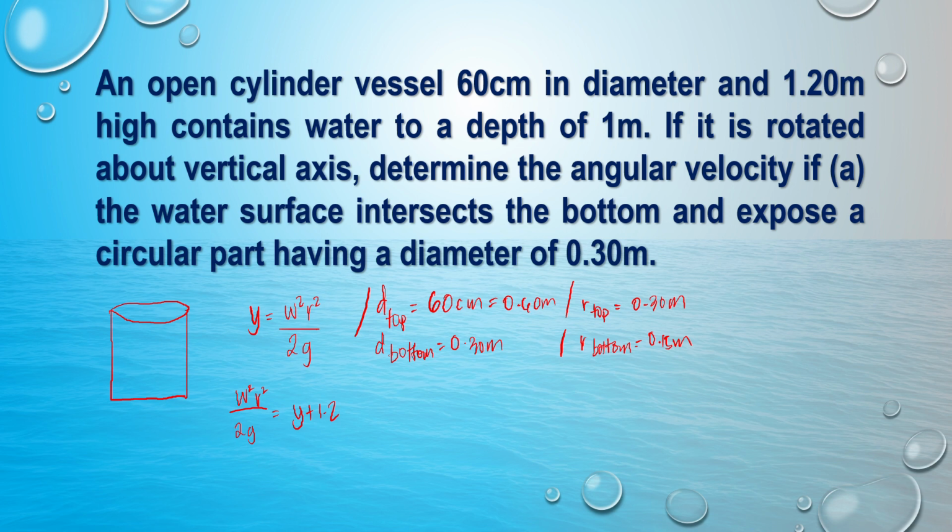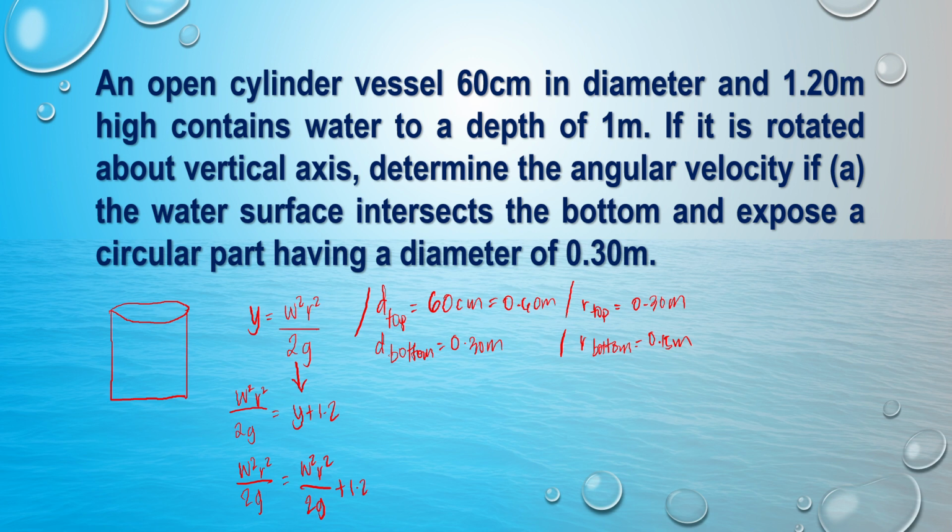Okay? Then, since your Y is equal to W squared times R squared over 2G, we can substitute here your Y. W squared R squared over 2G equals W squared R squared over 2G plus 1.2.